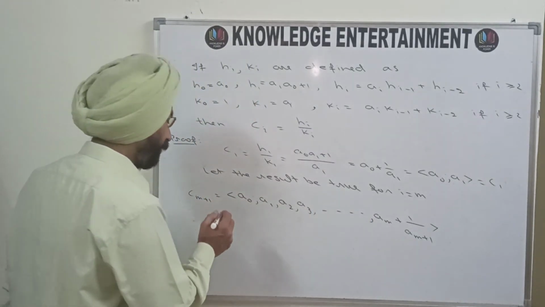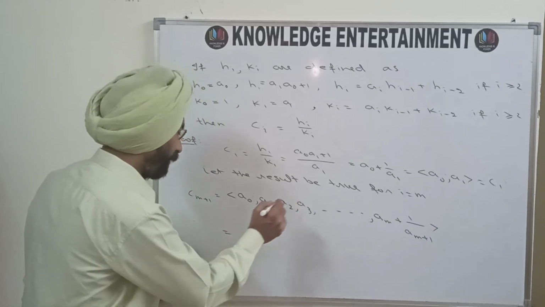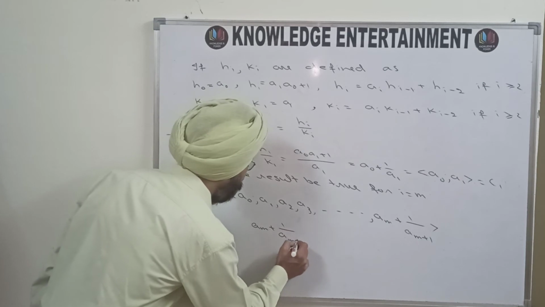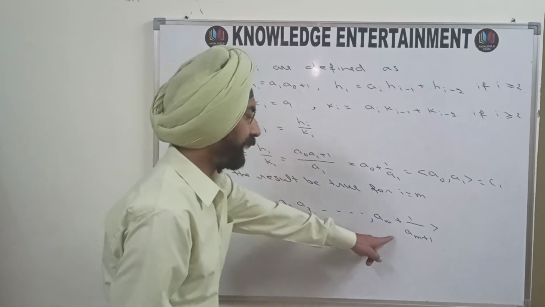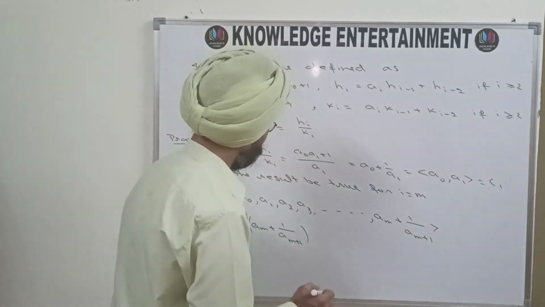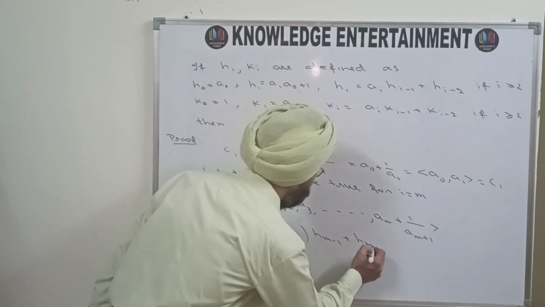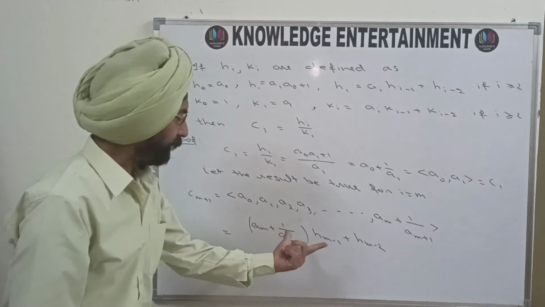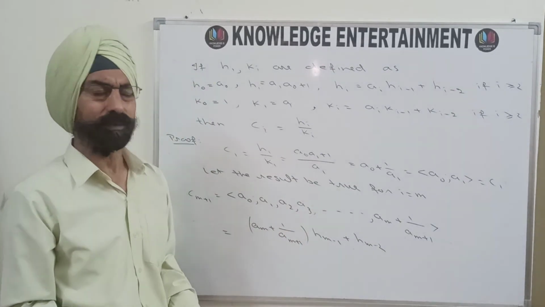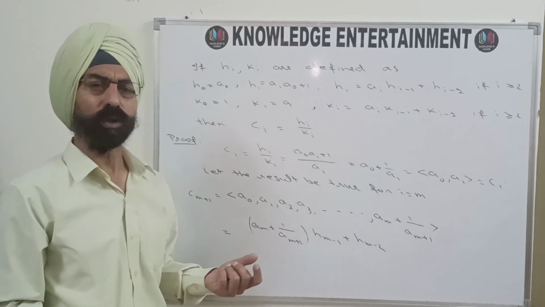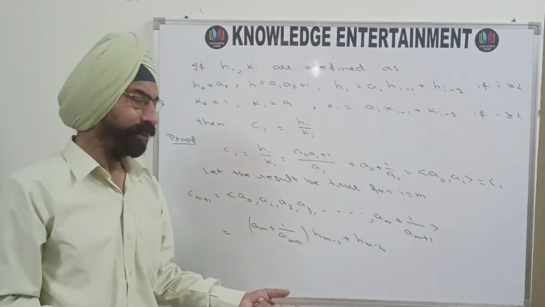It can be written with the last partial quotient Am plus 1 upon Am plus 1, Hm minus 1 plus Hm minus 2. Actually, what I have done is written the value of Hm, because now the number of partial quotients has reduced to m from m plus 1.